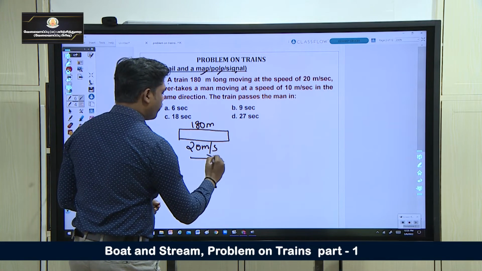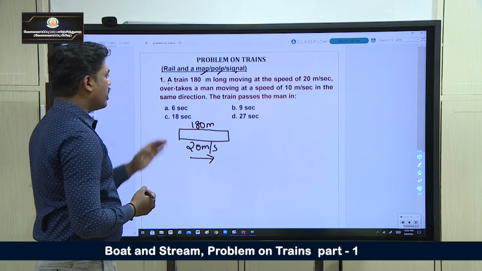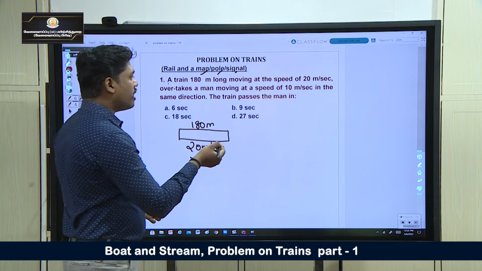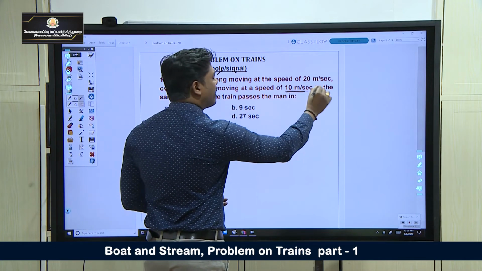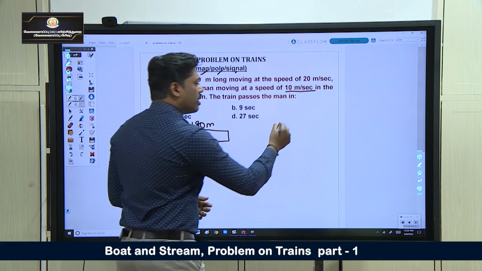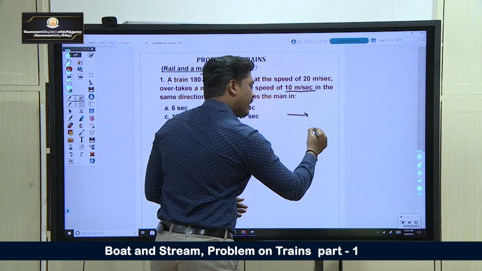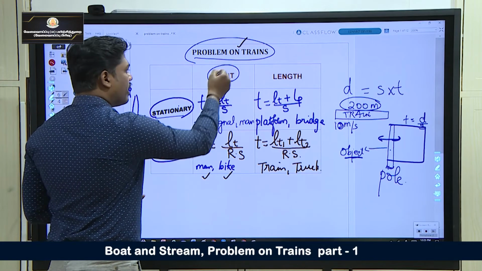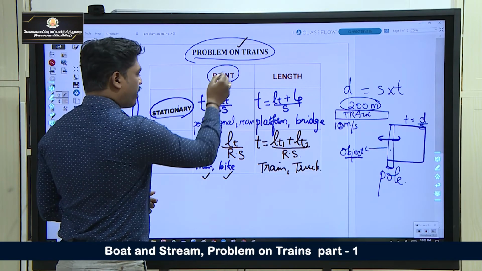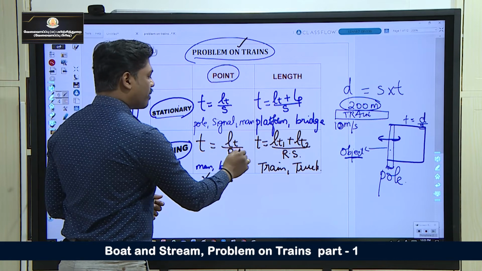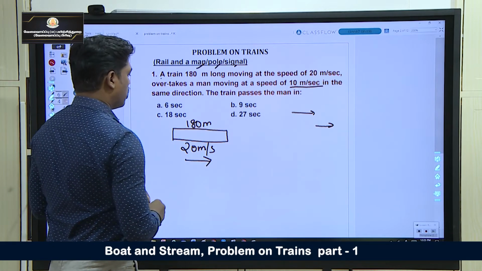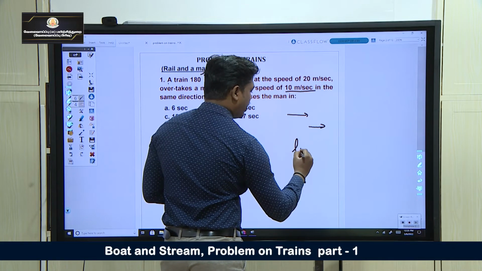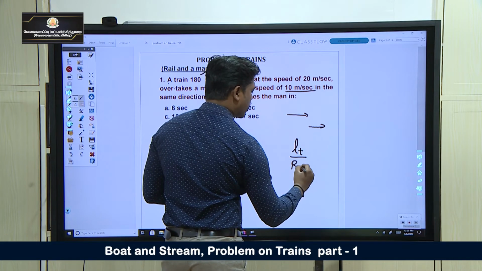It overtakes a man moving at a speed of 10 meter per second. So here the train is also moving, and the man is also moving. So it comes under moving point. The moving point formula is length of train divided by relative speed.